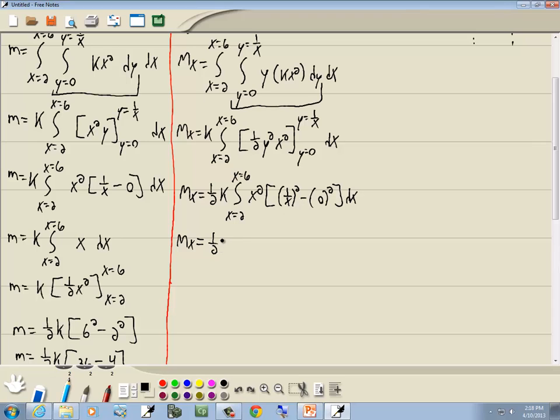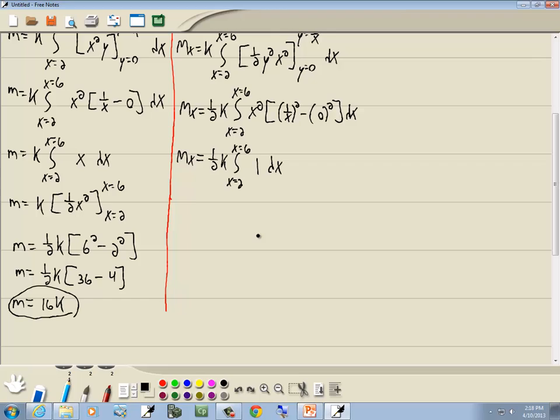Well, let me write this down. 1/2 k, x is equal to 2 to x equals 6. The 0, of course, drops away. The 1 over x, the second power, gives us 1 over x squared. 1 over x squared times x squared gives you a 1. So we've got 1 dx. Now integrate with respect to x.